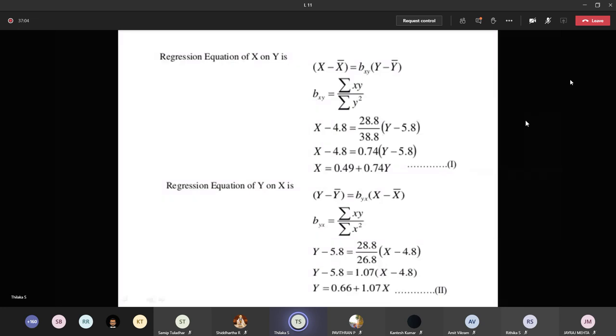Ma'am, could you repeat the formula of small r? For finding small r, we have several formulas, for regression analysis too. For finding the values, we have different formulas.